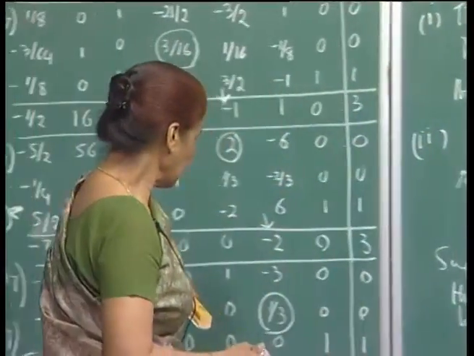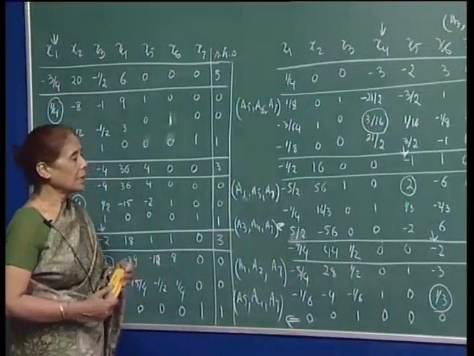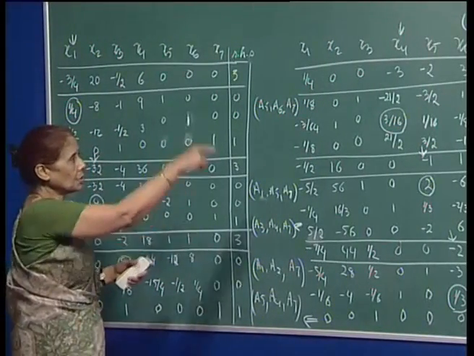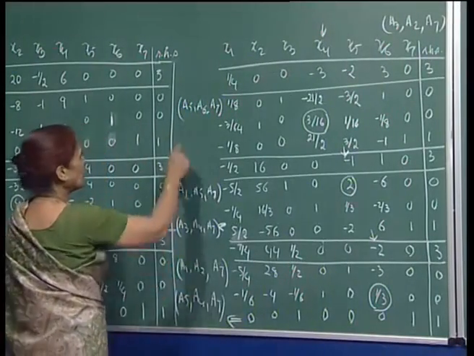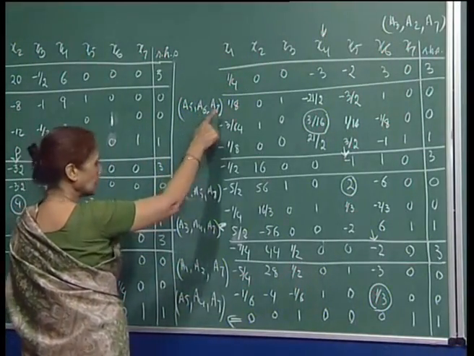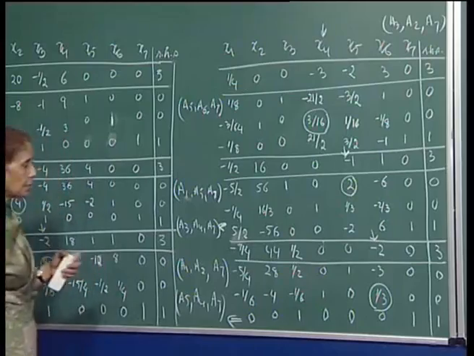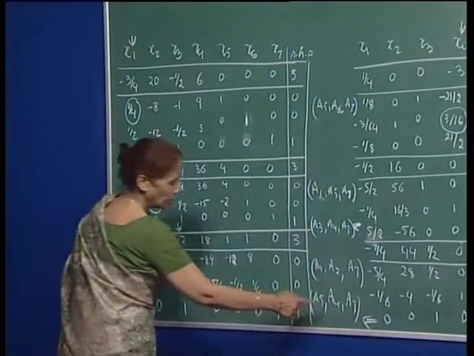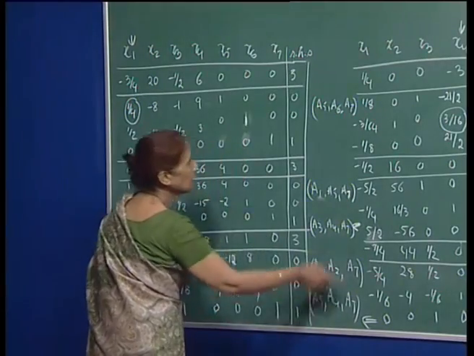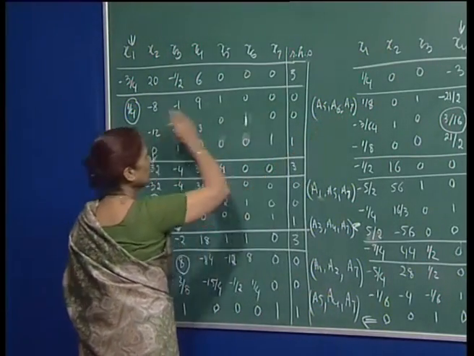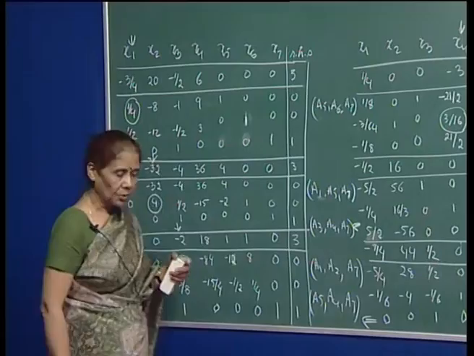So this is the phenomenon we are seeing here, that we continued changing the basis. We started with A5, A6, A7, and after this tableau, A4 gets replaced by A6, so I am back to A5, A6, A7, and I get exactly the same tableau.